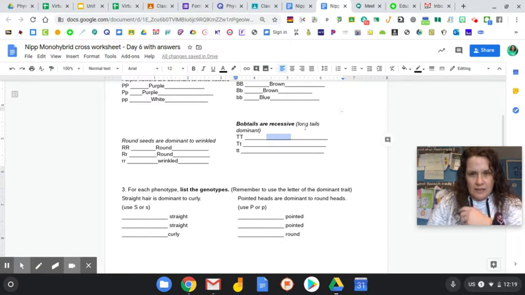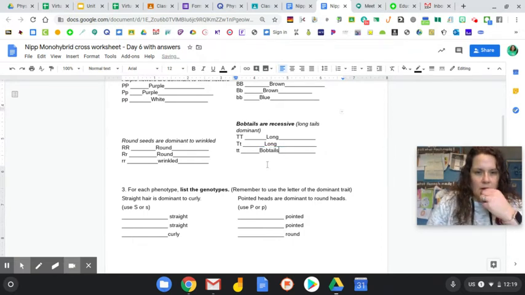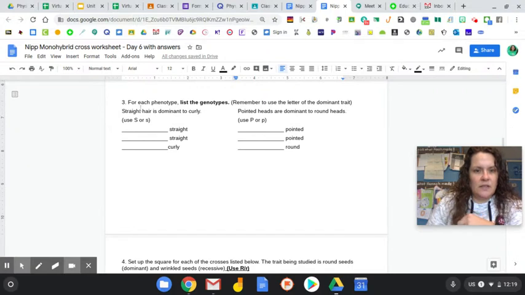Bobtails are recessive to long tails, so long tails are dominant. Big T is long. Big T, little t, long. And little t, bobtail.